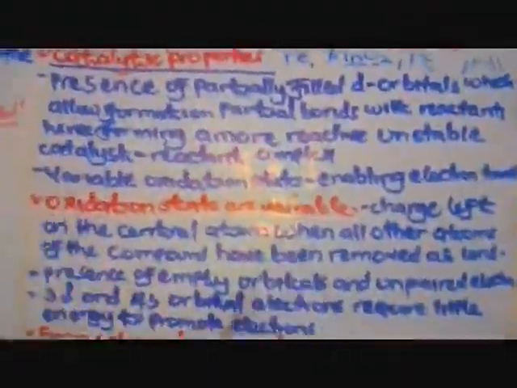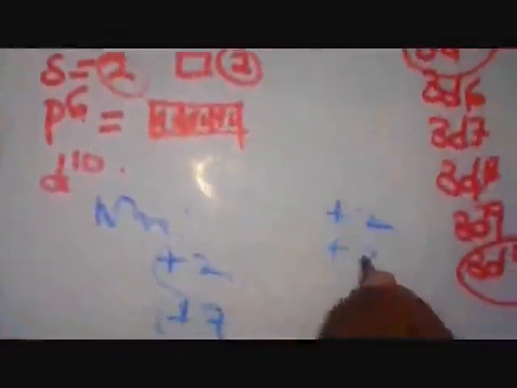Now, another property, they have variable oxidation states. Variable oxidation states means they have more than one. Take an example, manganese. Manganese will have oxidation states, for example, from 2 up to 7. Look at iron. You'll find iron 2, iron 3, and so on. Try to look at, for example, chromium.